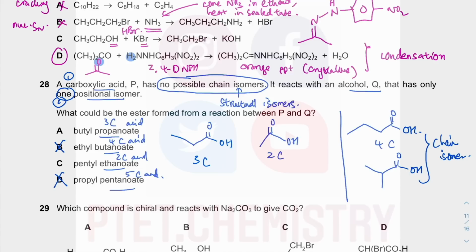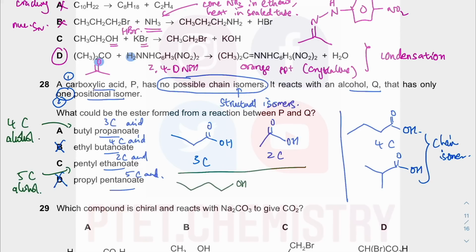Next up, I'm looking at the alcohol with 1 positional isomer. So we are looking at 5 carbon alcohol, or 4 carbon alcohol. Always start with the simplest one first, the shortest chain. If I start with 4 carbon alcohol, so there's 1, 2, 3, 4. I'm looking at position, so I don't care about chain now.